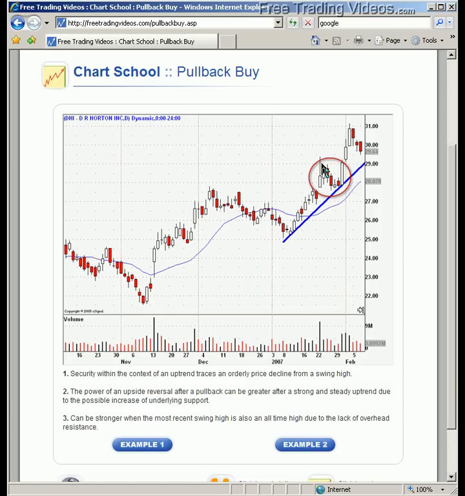At that same time, other people are looking to buy into that stock, if it's a nice orderly pullback. Again, not a lot of high volume, not a lot of large red bars in this scenario, and the power of that upside reversal after a pullback can be greater after a strong and steady uptrend due to the possible increase of underlying support.